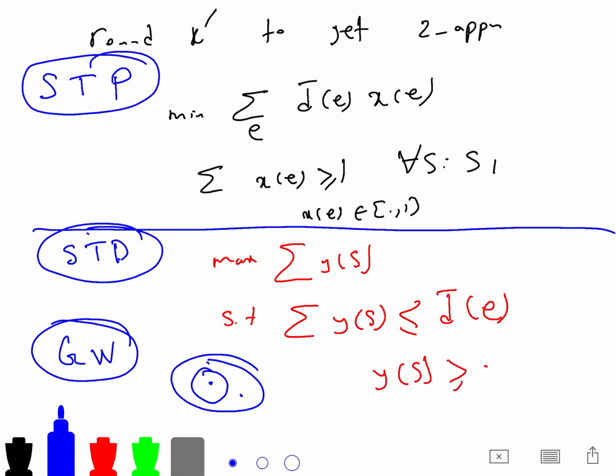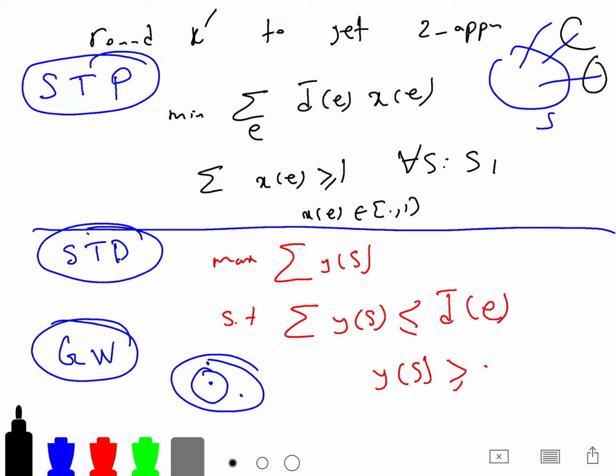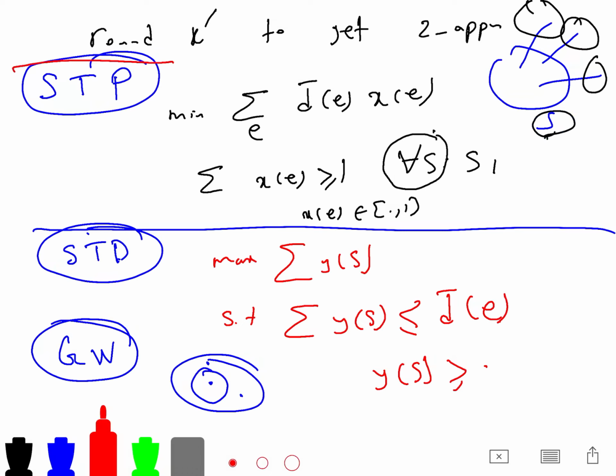For example, S is just something that goes outside, and we have other things here. When I say for any S, it means that this S is separating your vertices. So this is the Steiner tree primal, and this is the Steiner tree dual.